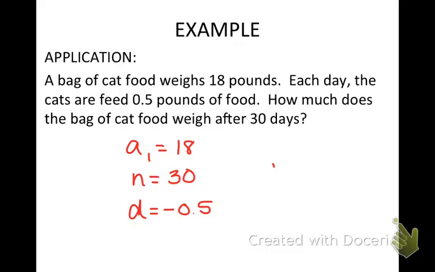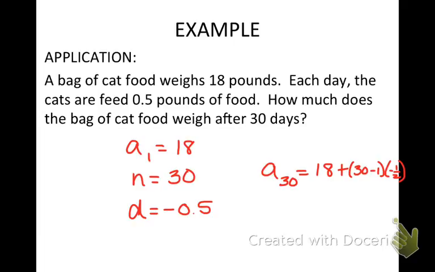So set it up. a sub 30 is equal to 18 plus 30 minus 1 times negative a half. What does n stand for? The number of the term you're looking for. Because I want to do it after 30 days.